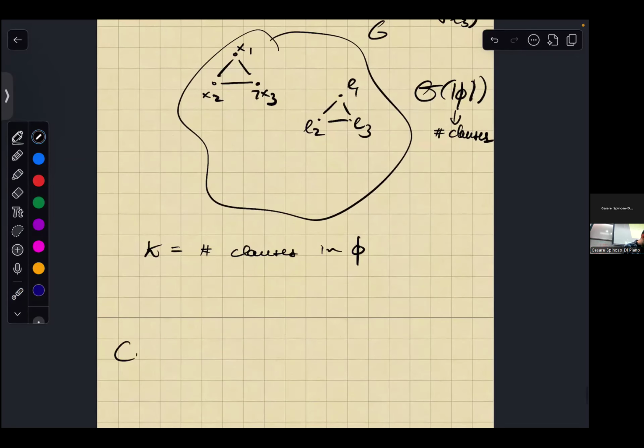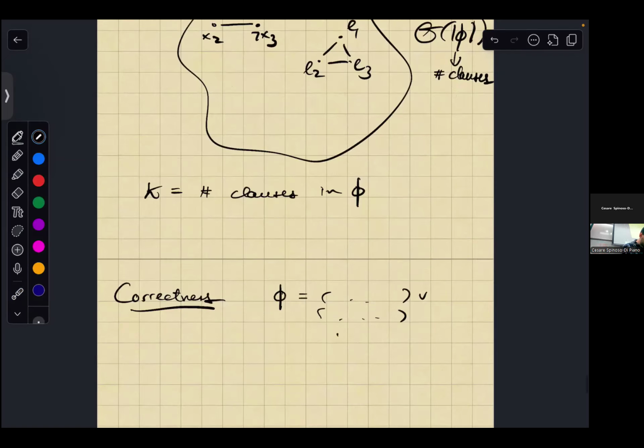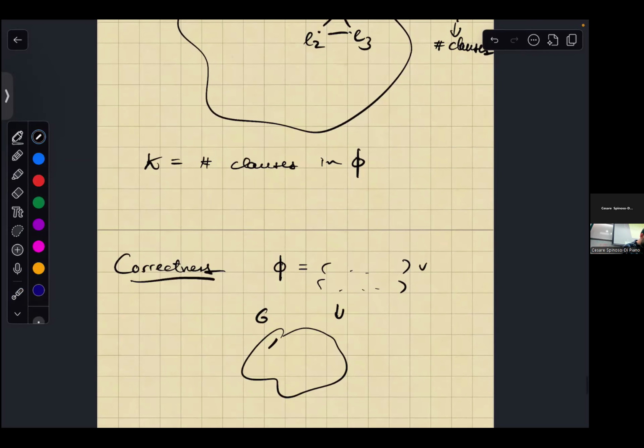The attempt is: I take phi, my Boolean formula, and I convert it to G, where G is my collection of triangles, and K is the size of phi.